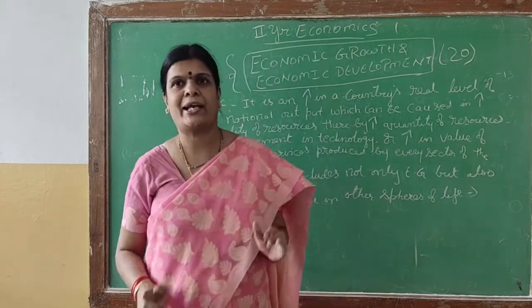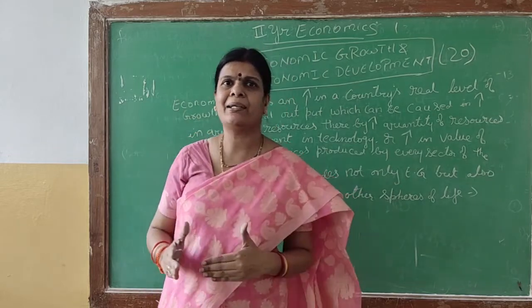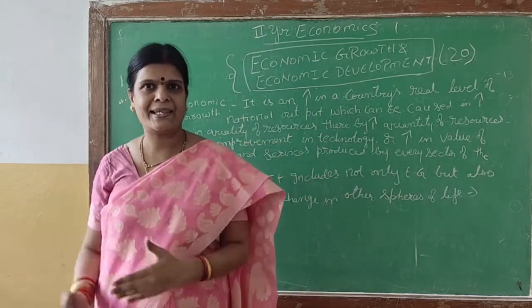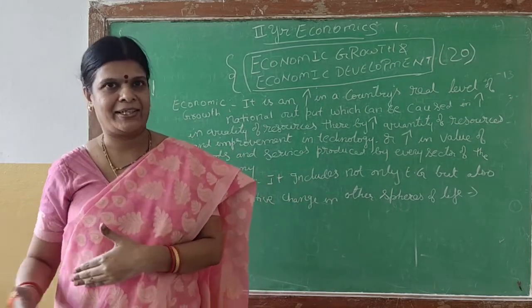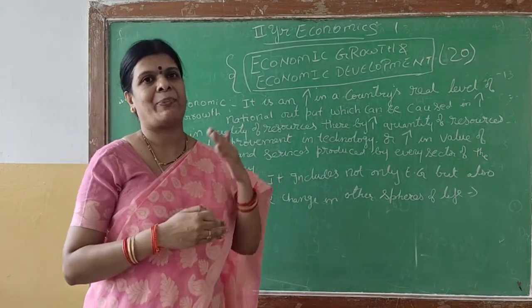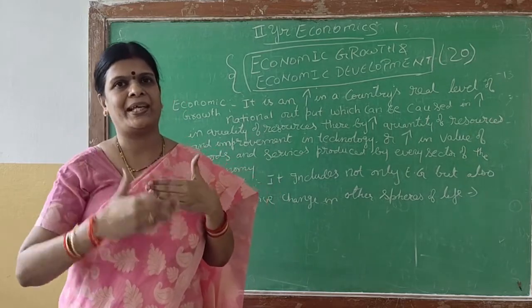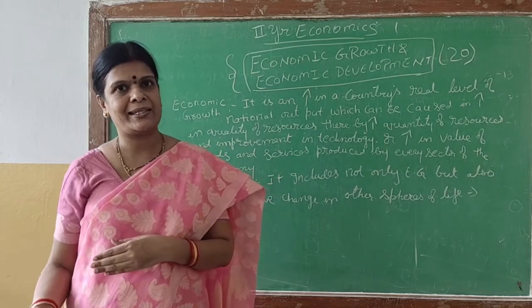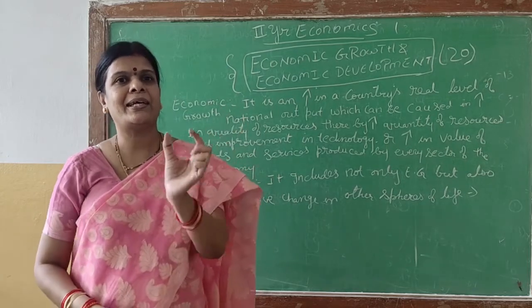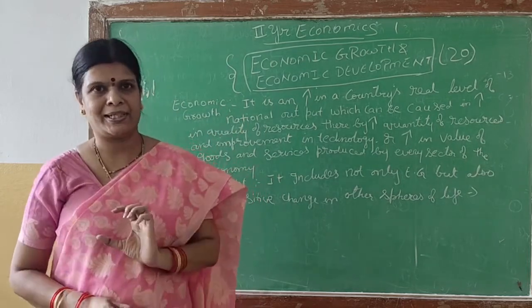First I will say economic growth is nothing but a comparative analysis of past with present statistics. So whatever is in the past, see the increase in GDP, that is, if past GDP is 2.5 and this year 3.5, then the increase of growth will be 1%.